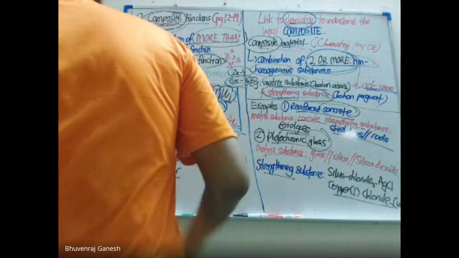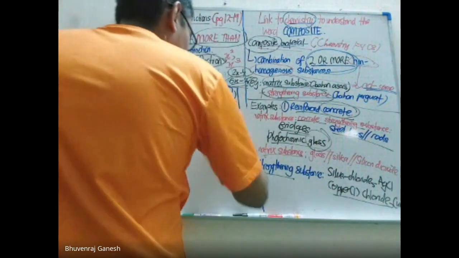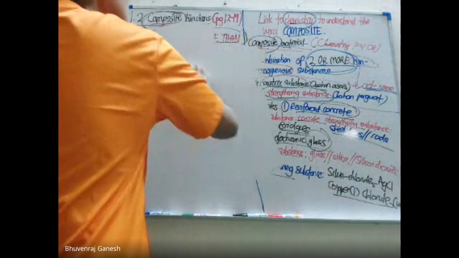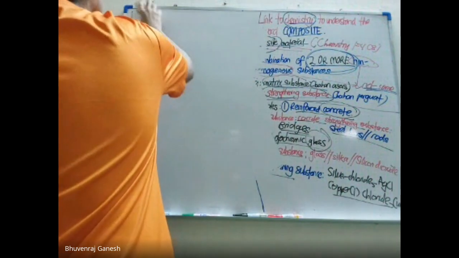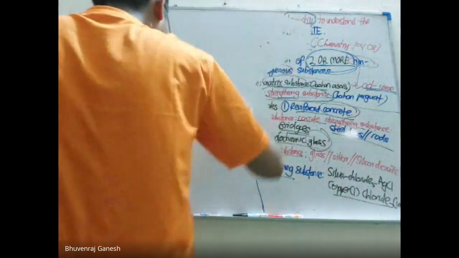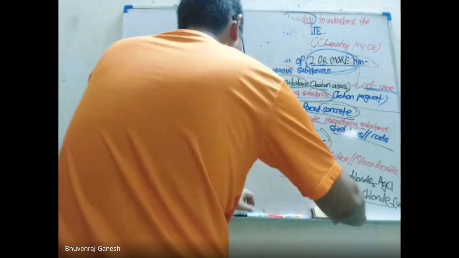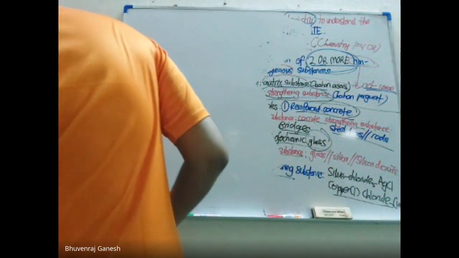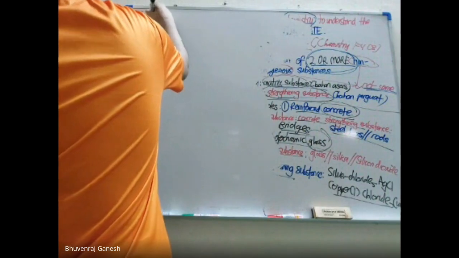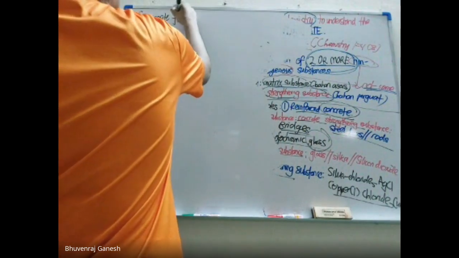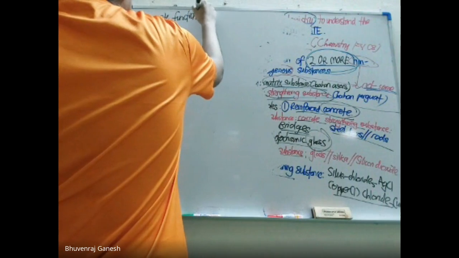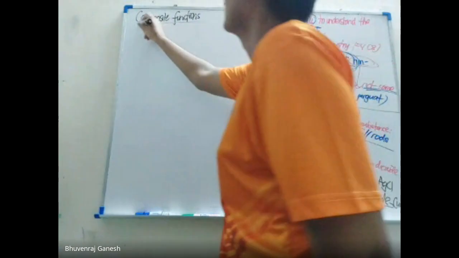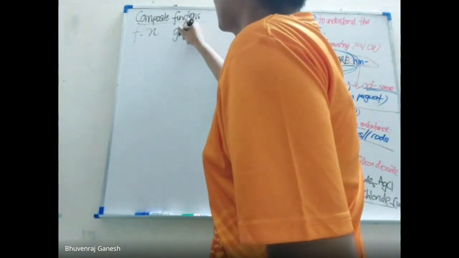So now we're going to the real deal of composite functions. Okay, so first of all, in composite functions, you're going to see two main functions that form the composite function, which usually they will tell you is f(x) and g(x).